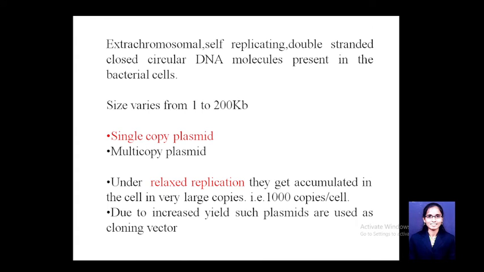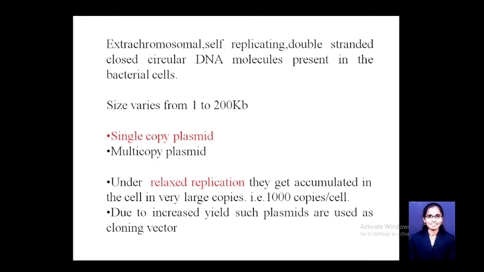Now, if we want to define the plasmid, it is extra-chromosomal. In the bacterial cell, apart from its chromosome, there is circular DNA with a self-replicating mode, which is double-stranded and circular, and that is called a plasmid. Its size varies from bacteria to bacteria, approximately 1 to 200 kilobase pairs.